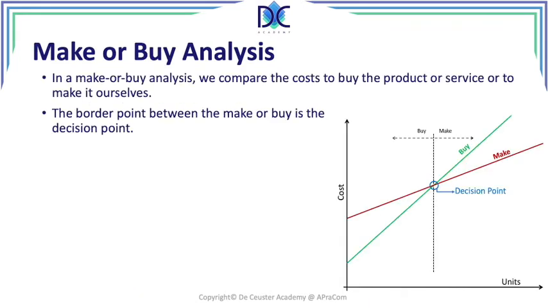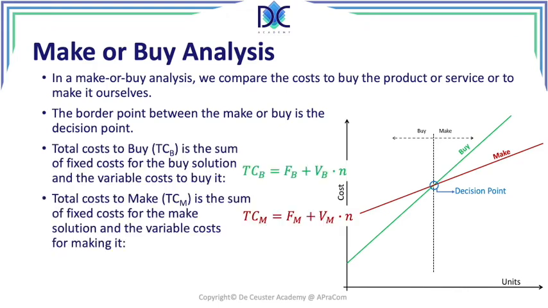You also may have to do what we call a make or buy analysis. So we are comparing here how much it would cost if we make it, and is it better to make it or to buy it? There are all kinds of parameters that we can consider here, and in some cases it may be better to buy it.